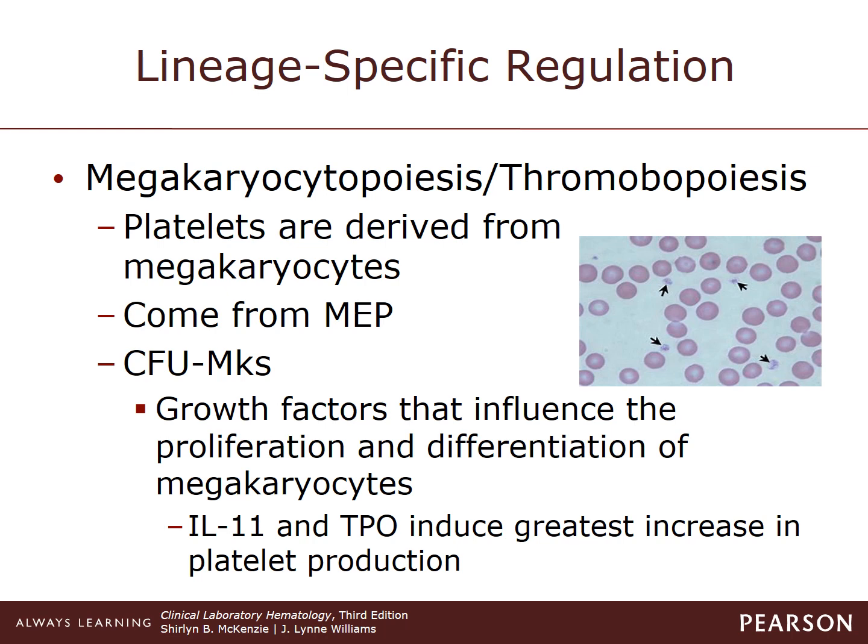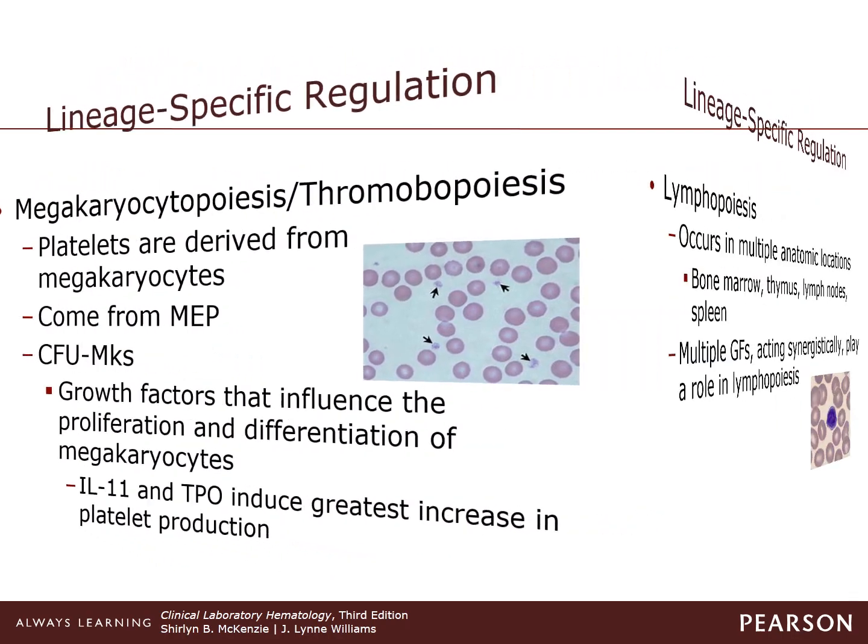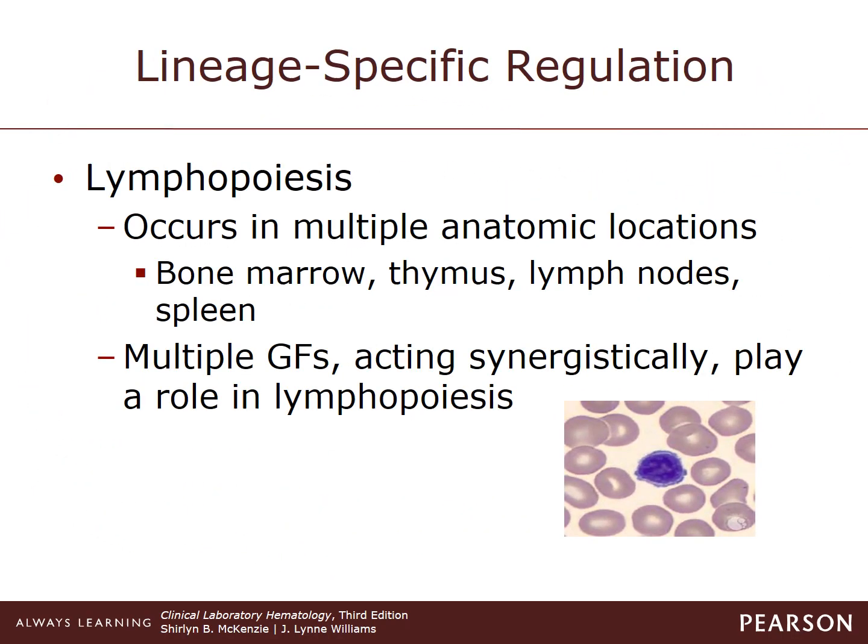They are very dependent on the hormone thrombopoietin to induce the greatest increase in platelets. Lymphopoiesis occurs in multiple locations within the body: the bone marrow, the thymus, the lymph node, and the spleen. There are multiple growth factors that act together that play a role to help produce lymphocytes.